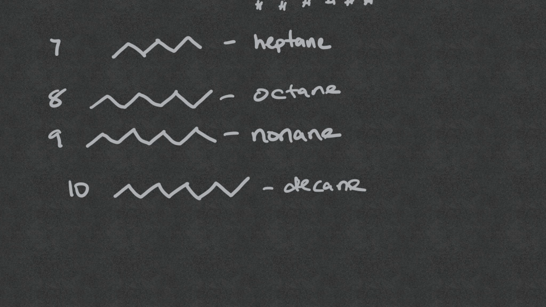So this is the naming of the parent straight chain alkanes. When you look at each of these names, it will give you an idea how many carbons we have in our overall straight chain carbon.